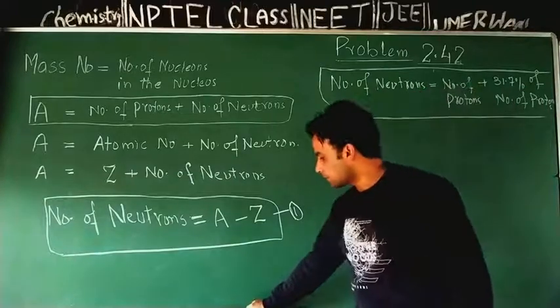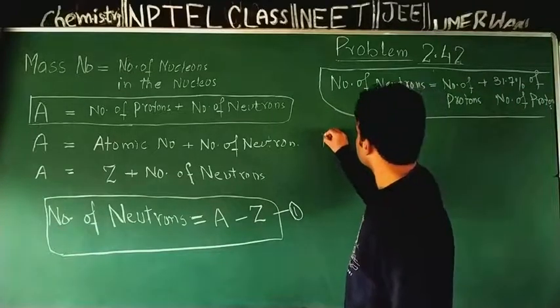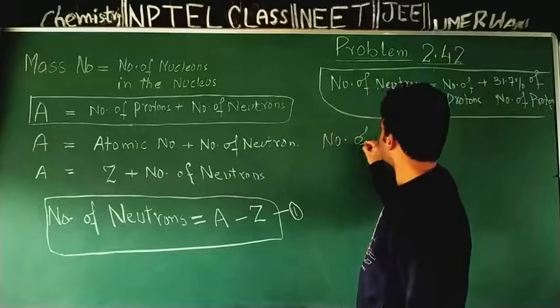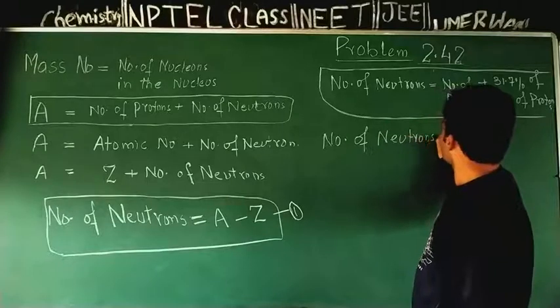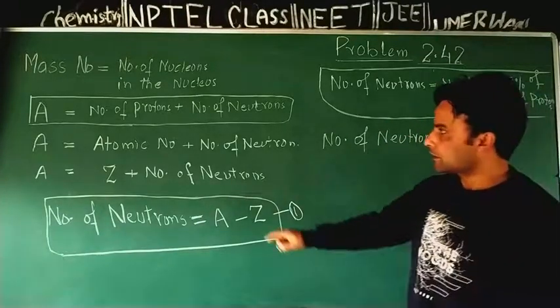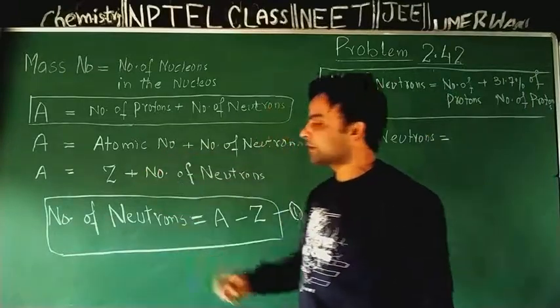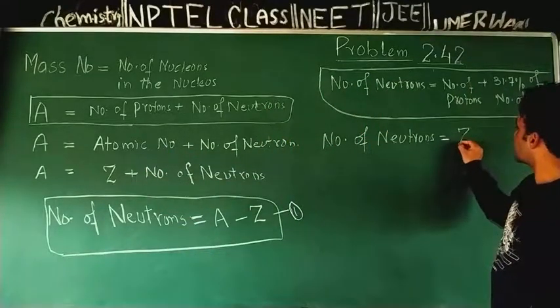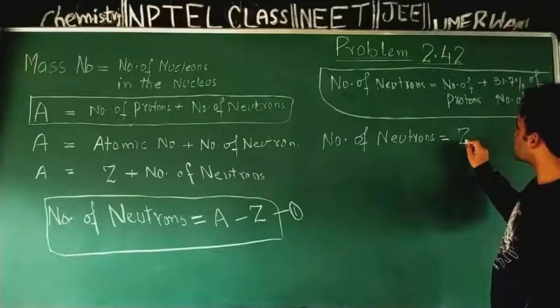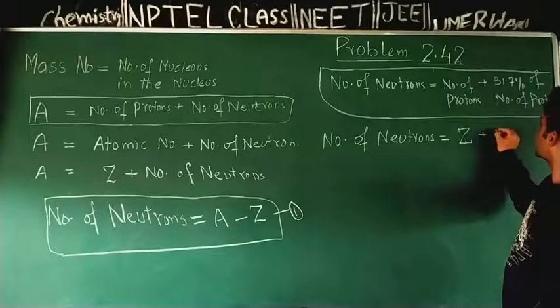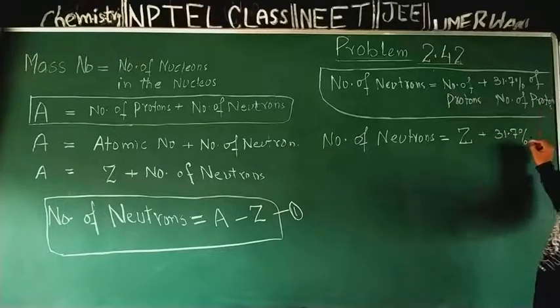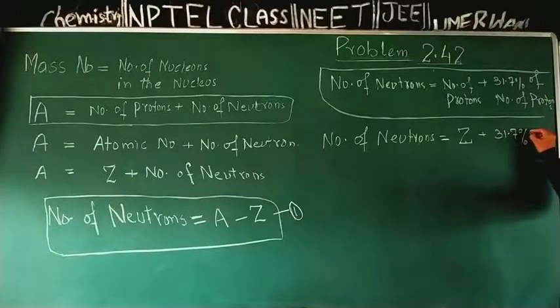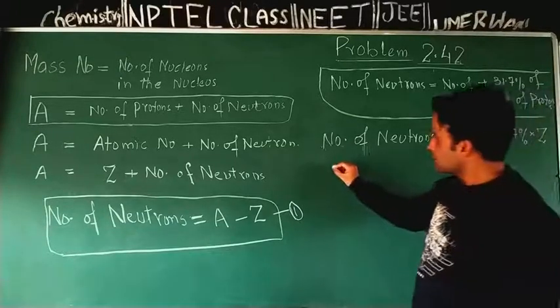Here again I can find number of neutrons. Number of neutrons is equal to number of protons. Already I wrote number of protons represents atomic number, and atomic number is represented by Z. Number of neutrons is equal to Z plus 31.7% of number of protons.